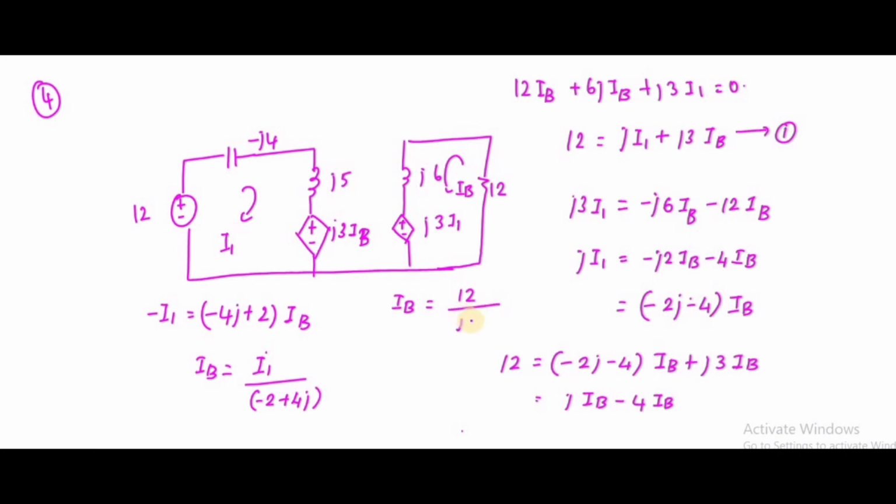Once you find the value of IB, you substitute in the equation IB is equal to I1 divided by (minus 2 plus 4J), so you will get the value of I1. So I1 is equal to IB into (minus 2 plus 4J). If you substitute, you can verify that the previous problem's value is similar to that of this one.